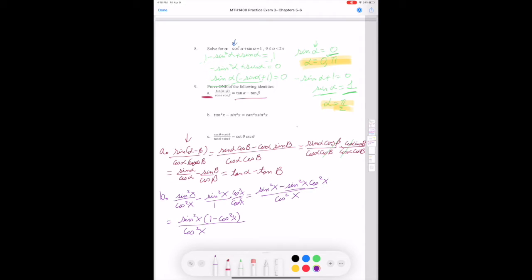Well, I know that 1 minus cosine squared x is sine squared x. So I'm going to have sine squared x over cosine squared x times sine squared x. Oh, see, we're like halfway there. I just need to rewrite sine squared x over cosine squared x as a tangent. So I'm left with tan squared x sine squared x.